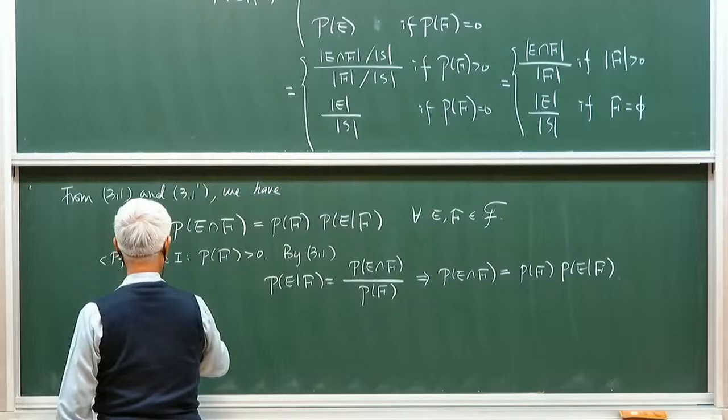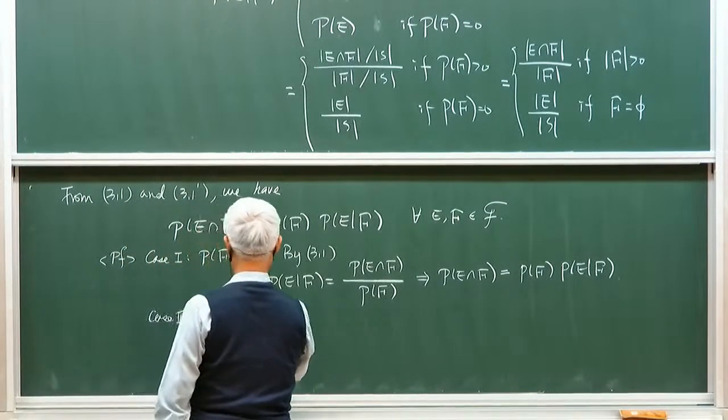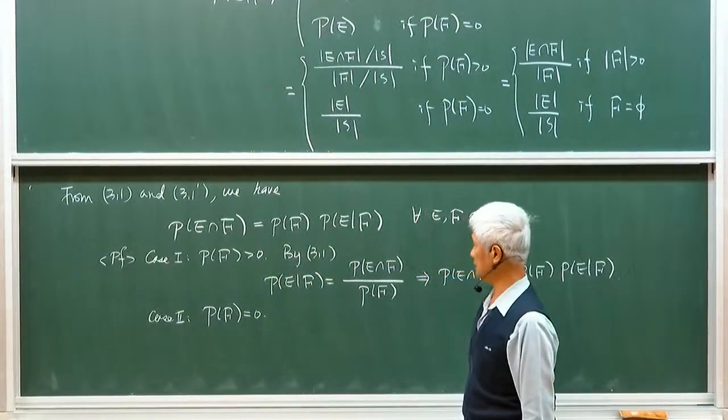Case number 2, when the probability of event F is 0.